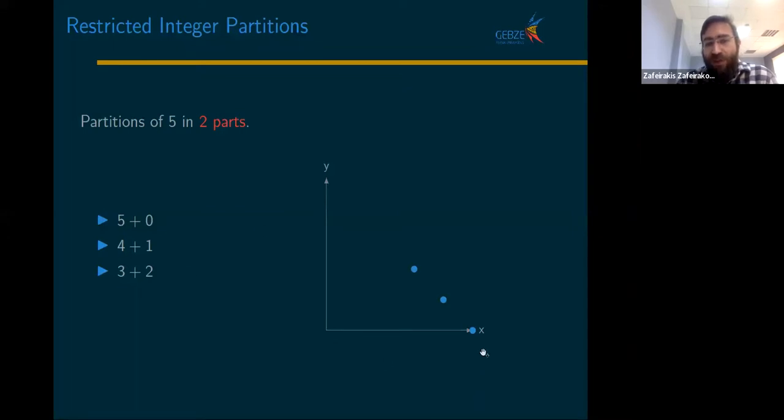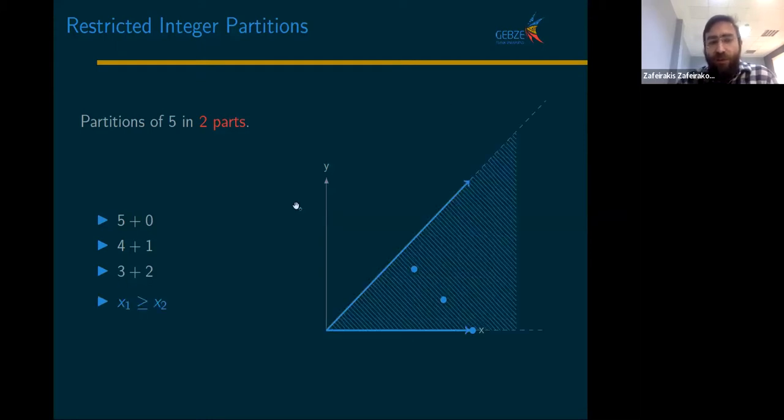These 3 points are these points here, right? Now, according to what we saw earlier, what we want is x1 to be greater than x2 since they are sorted, which means that we are in this shaded area. And since they are partitions of 5, we want their sum to be equal to 5, which means we want the integer points in the intersection of the blue area with the red hyperplane, which is a line in dimension 2.